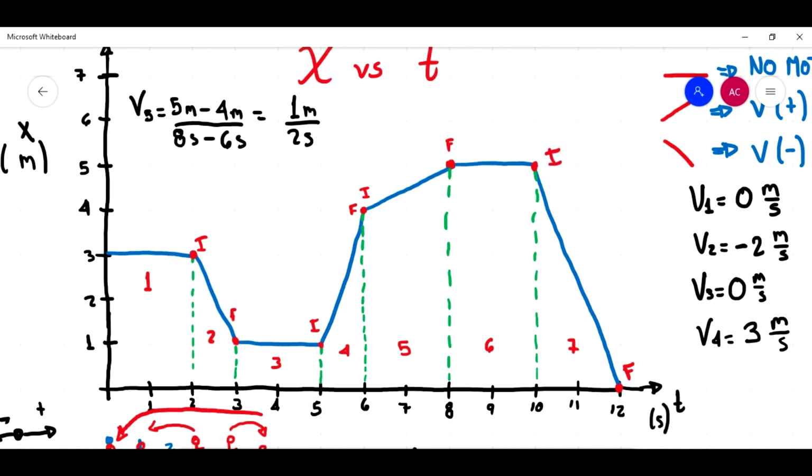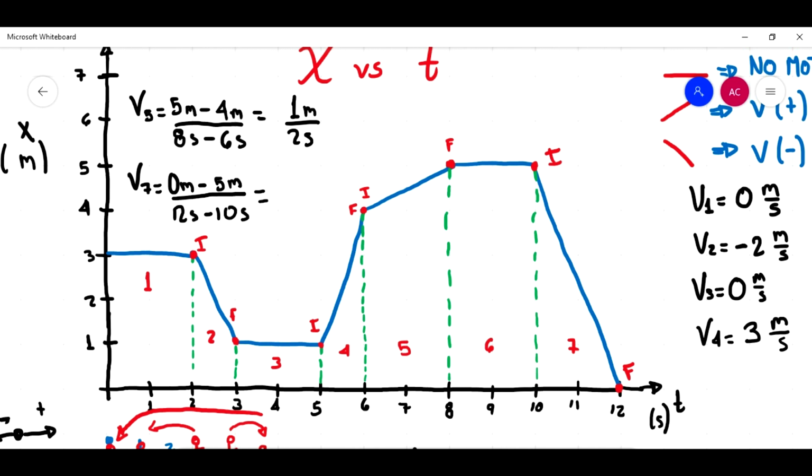So the velocity of segment number 7 equals the final position. If you see, I return to 0 meters, minus the initial position, 5 meters, over the final time, 12 seconds, minus the initial time, 10 seconds.